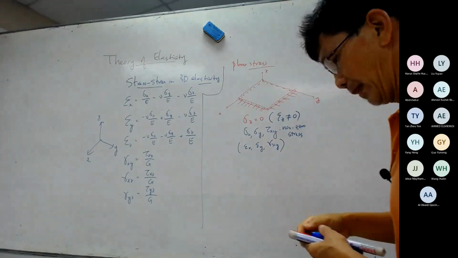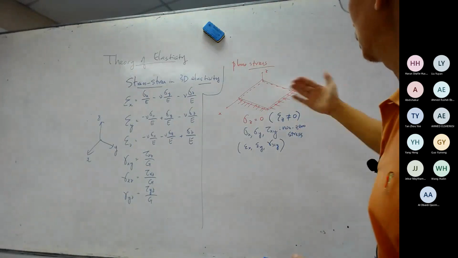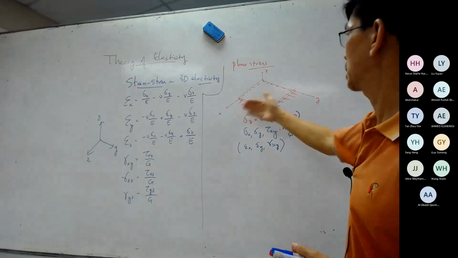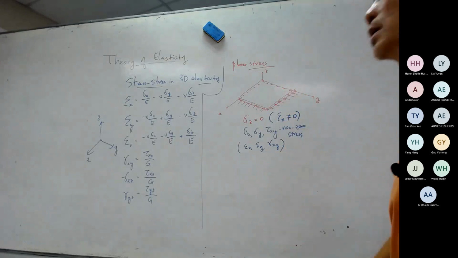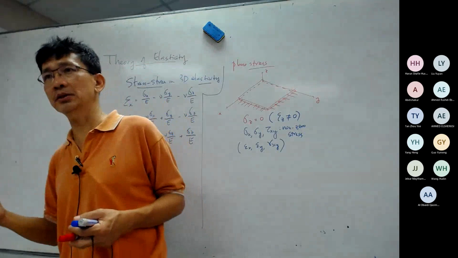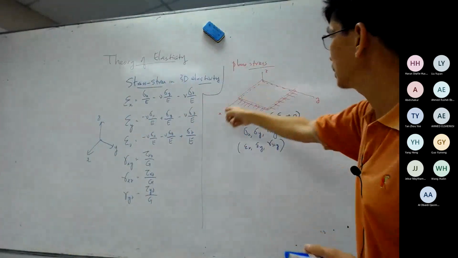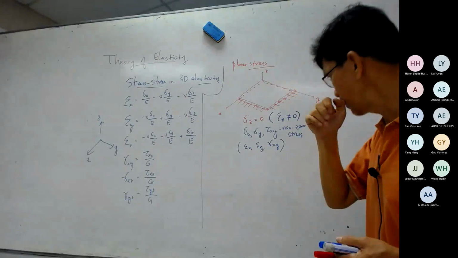Okay. So we need two equilibrium equations in x and y to solve this problem, and we need three stress-strain relations to solve for sigma x, sigma y, tau xy with this coordinate system.